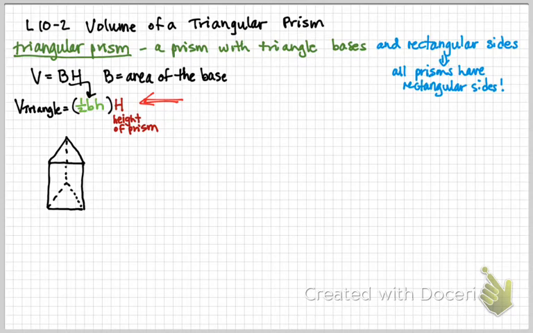And then the bases would be these two guys. Okay. And then the height of the prism would be separating the two triangles from each other. Okay. So that's one way.